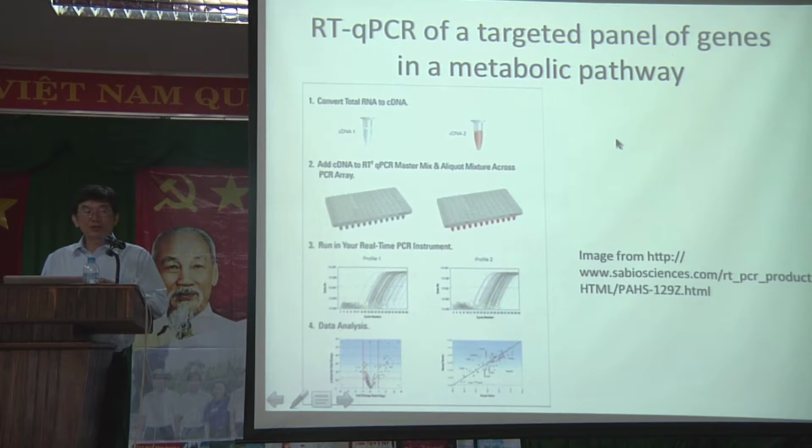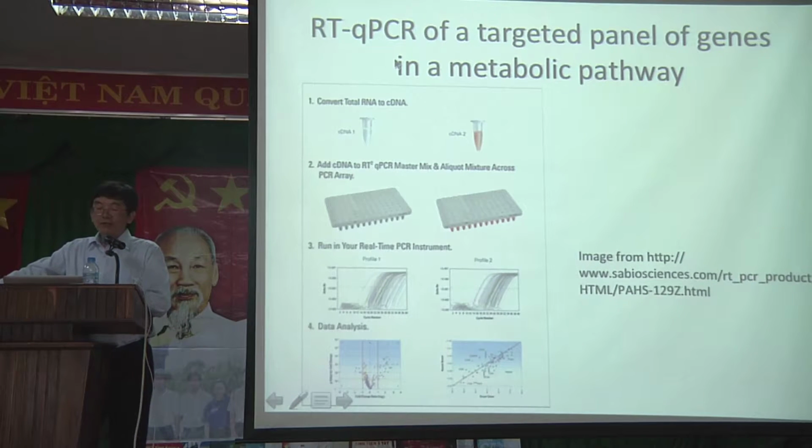We would be focusing on a panel or a selected number of genes that are relevant in a particular pathway based on prior knowledge. That type of analysis of a metabolic pathway can be easily done with, for example, at the RNA level, the reverse transcription quantitative PCR approach using 96-well plates to analyze the targeted panel of genes.